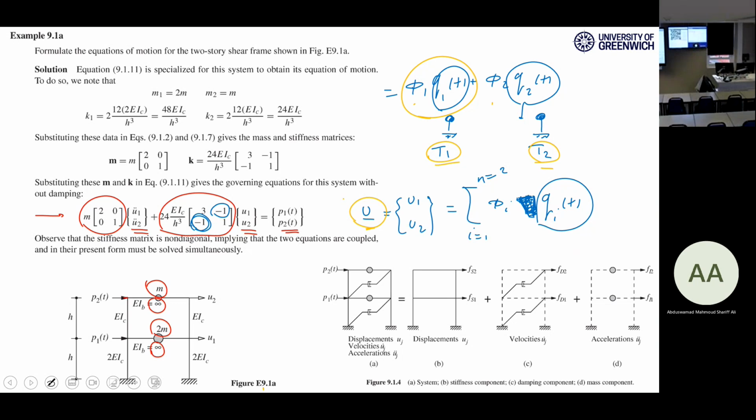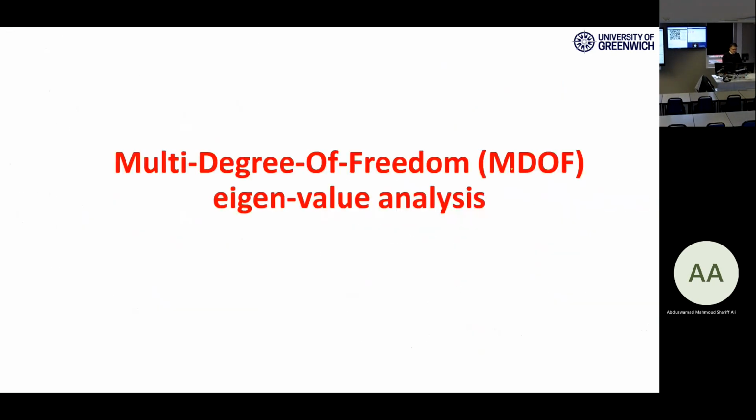T1 and T2 are eigenvalues, and phi1 and phi2 are eigenvectors. And the coursework is about how to calculate T1, T2, T3, etc., and phi1, phi2, phi3, etc.